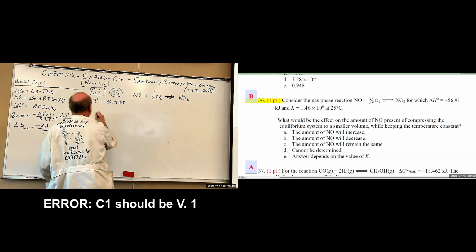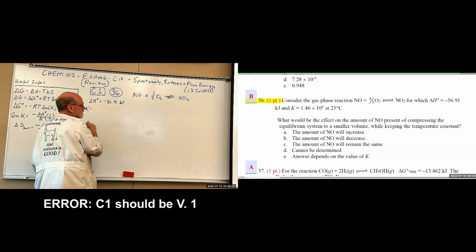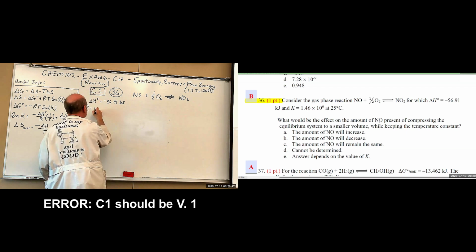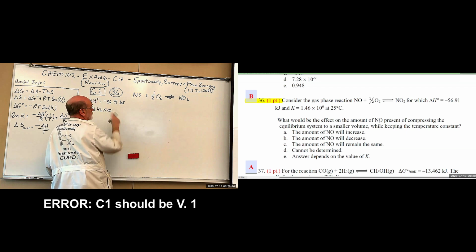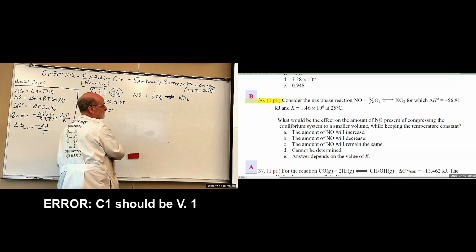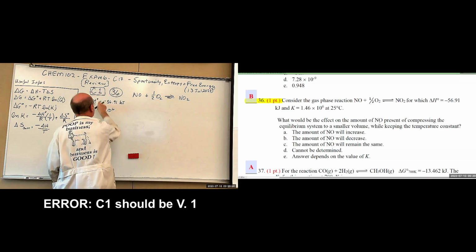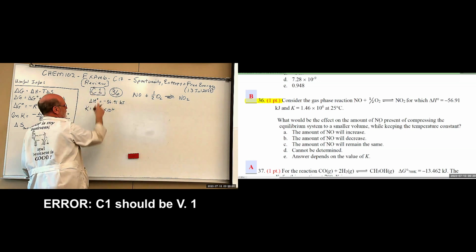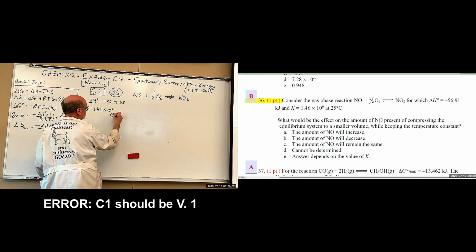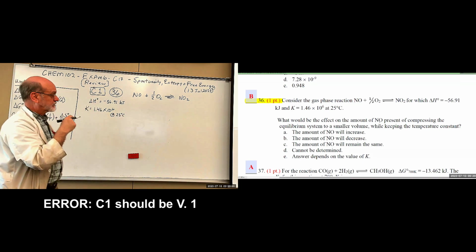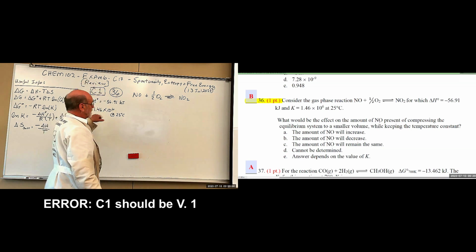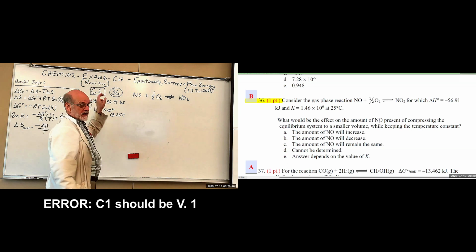And the equilibrium constant for this is 1.46 times 10 to the 6th. So that's way to the right. At 25, this means at 25 degrees. That's standard temperature. And of course, standard pressure also, 1 atmosphere.